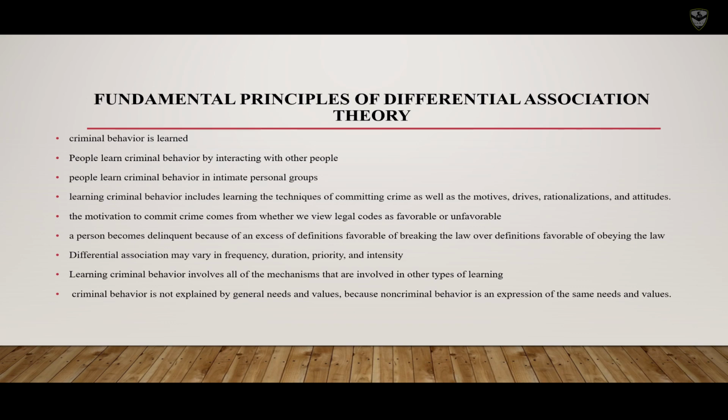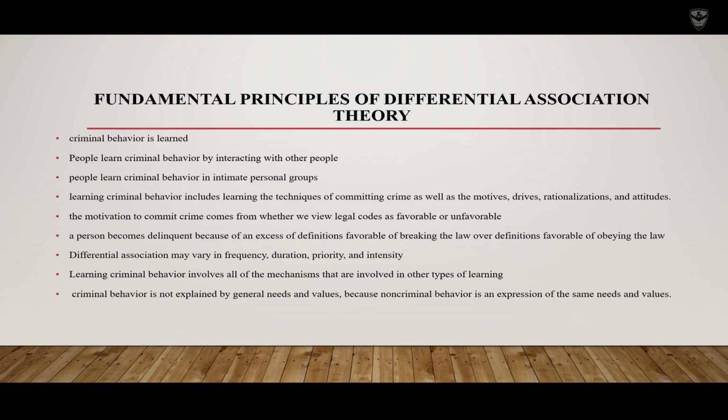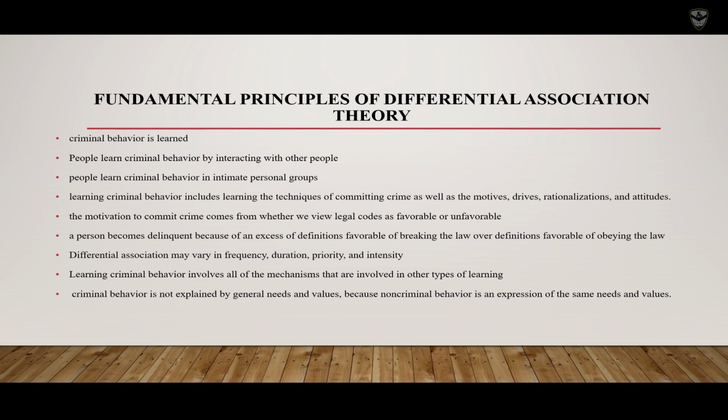The priority, the intensity, all of these would play a major role in motivating you to become a criminal or do a delinquent act. Learning criminal behavior involves all of the mechanisms that are involved in other types of learning.